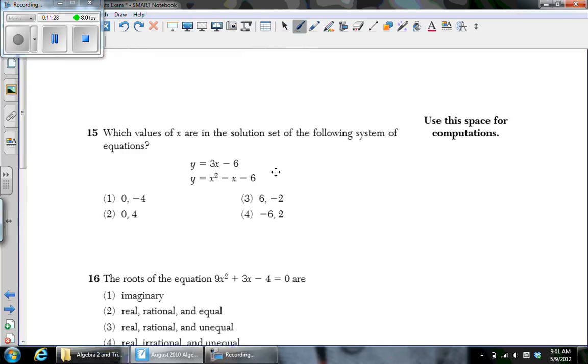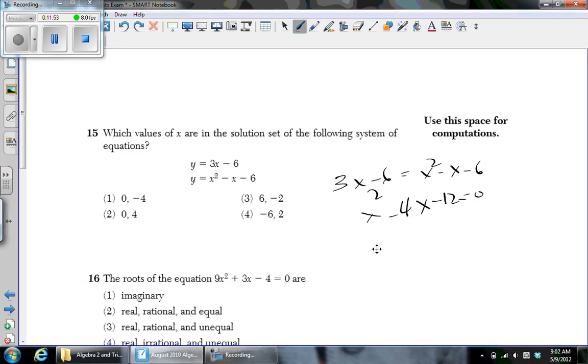Alright, which values are in the solution set? We're setting them equal, so you have 3x minus 6 equals x squared minus x minus 6. You want to solve that, and you should end up with 0 and 4. So you end up with x squared minus 4x equals 0.